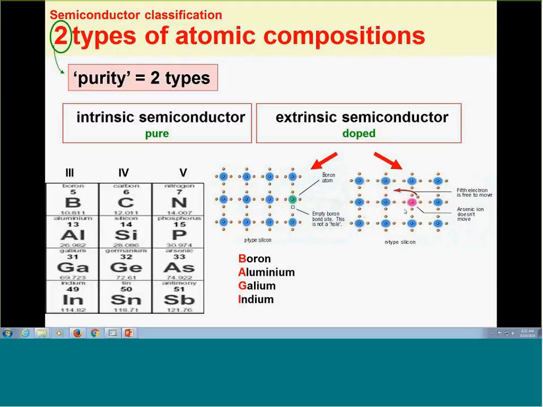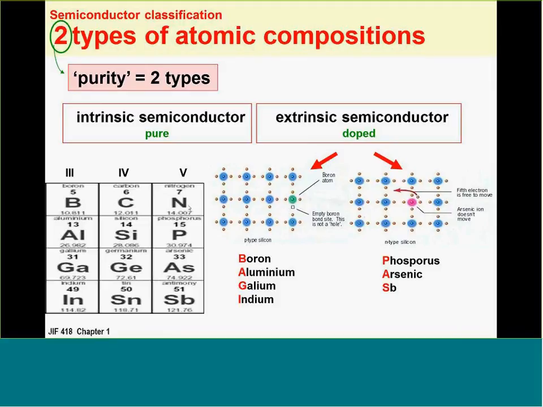See? Let's say we choose arsenic. So we put the added element from group 5 into the lattice site of our silicon. If you look here, it's easy to remember. Because after this, I might say, okay, the material is doped with phosphorus, or the material is doped with indium.